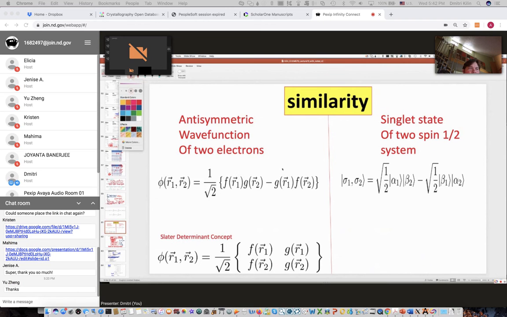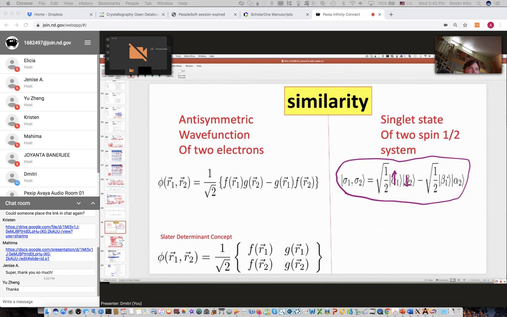So this is what we recently got on the previous slide. Up-down minus down-up. And by functional form, it is the same as the suggested Slater determinant.